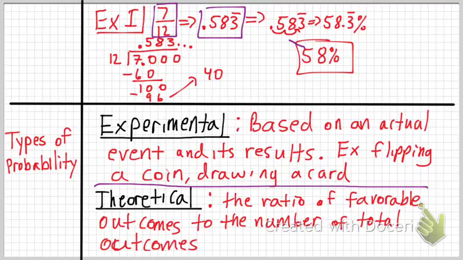And this is that perfect world that we talk about. It doesn't always occur, but when it does, it's very nice for us. All right, so let's look at an example of the difference between theoretical and experimental probability.